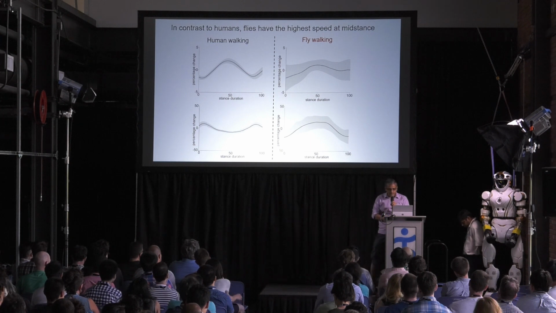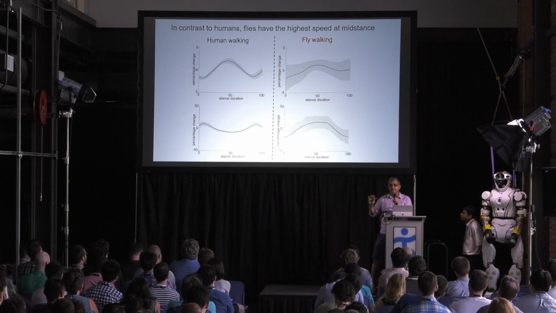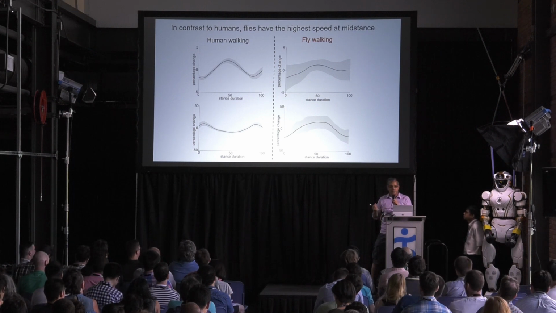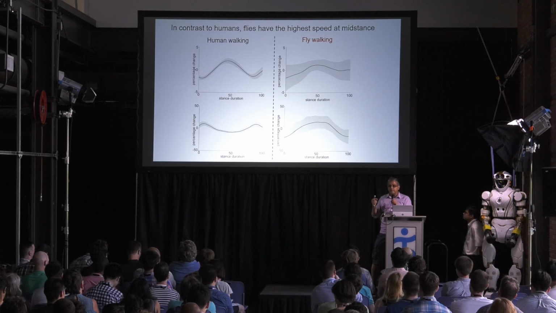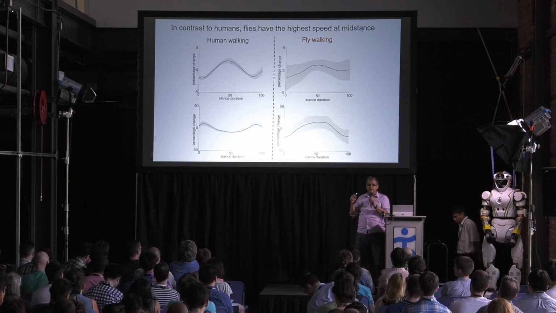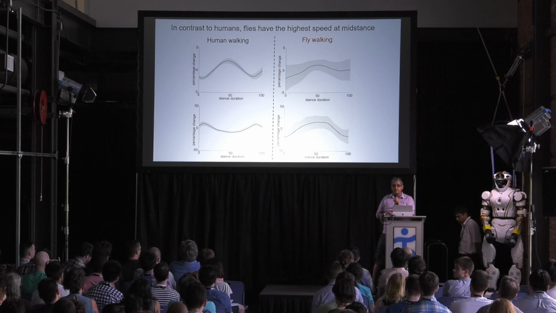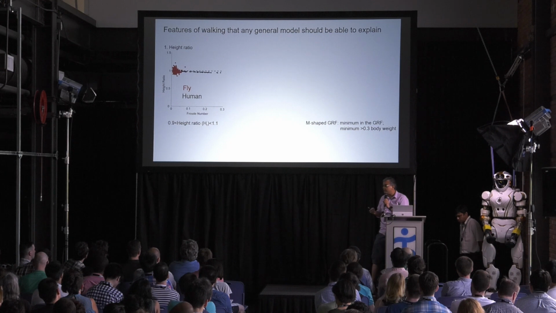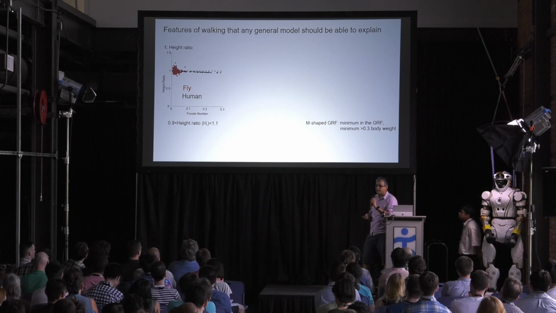And with that, the bottom line, the basic approach we have is, based on the fly and the human, we have come up with general features of locomotion that most walking animals satisfy, and we will ask how different models perform in explaining those features.